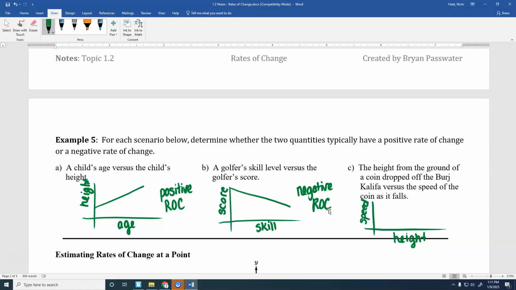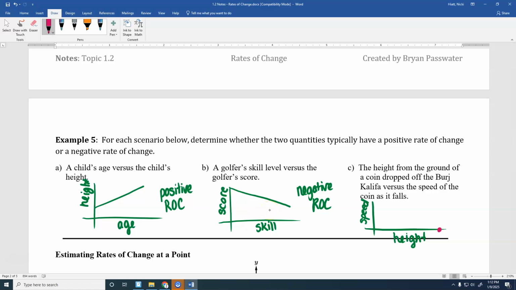Because when you drop the coin, is my height high or low whenever you begin? The height is very high. So whenever we drop the coin, the height would be very high, and my speed would be 0 because I haven't dropped it yet, right? So my scenario starts over here.